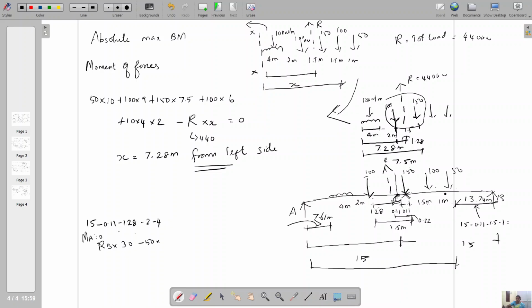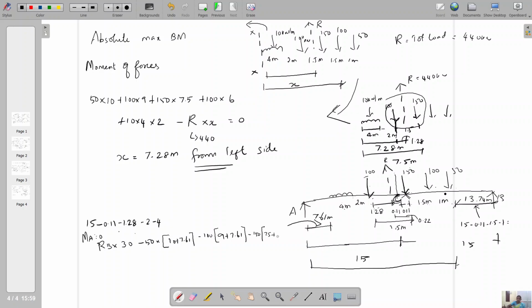With this, add the distance up to A: 10 plus 7.61, minus 100 into 9 plus 7.61, and minus 150 into 7.5 plus 7.61.